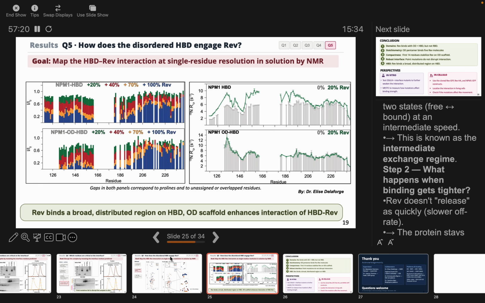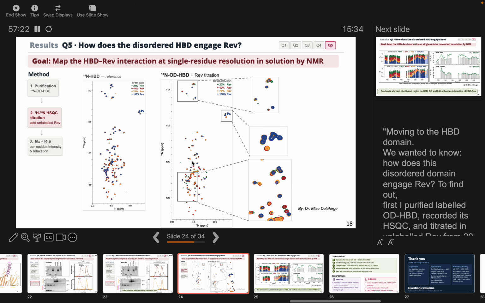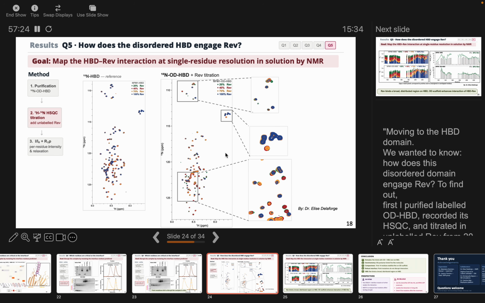So at first we cannot. We have a lot of acidic residues on that part, D and E, and it's located here. And the peaks are really difficult to dissociate, so we cannot really attribute them.